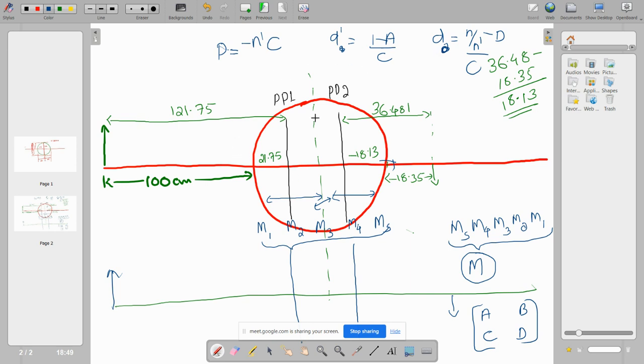Then corresponding to this particular sphere, you will get a value for your d and d prime, which is nothing but the principal planes. Once you have the principal planes, you don't need to worry about the sphere, its curvature and other things. You can solve all the equations with the help of these planes. This is the way it is going.